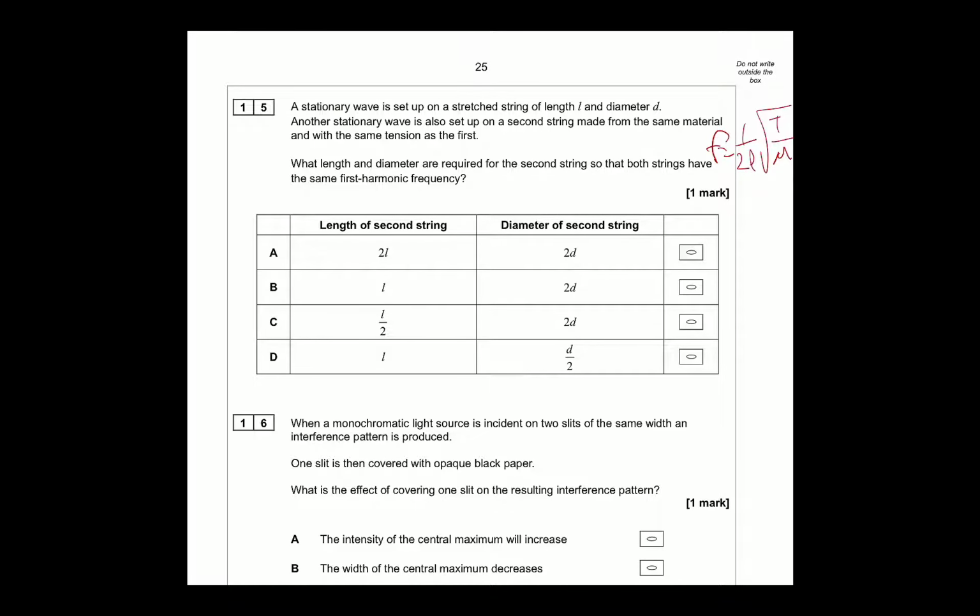Okay, and mu is equal to mass per unit length, which is density times area.